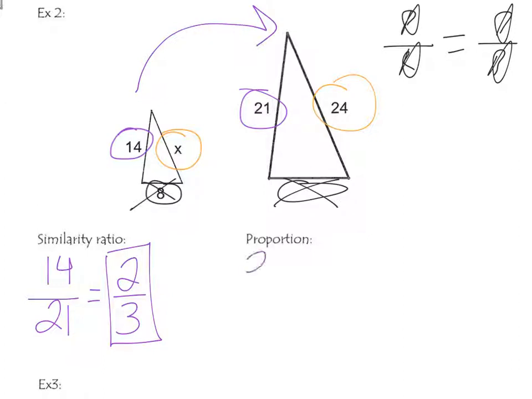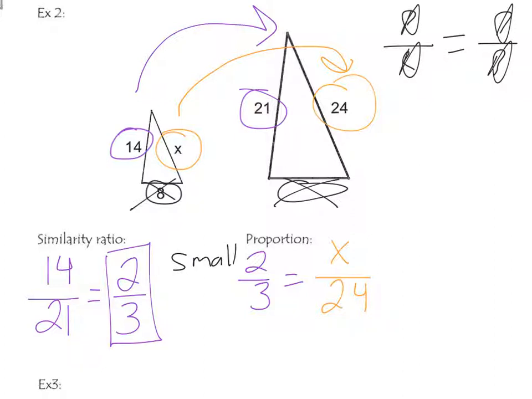And then I'm going to take that 2/3 and set it equal to, and I have to go from the left to the right, so from my x to my 24. And if it helps, my left side is my smaller figure and my right side is my larger figure. So small to large for this one, okay?